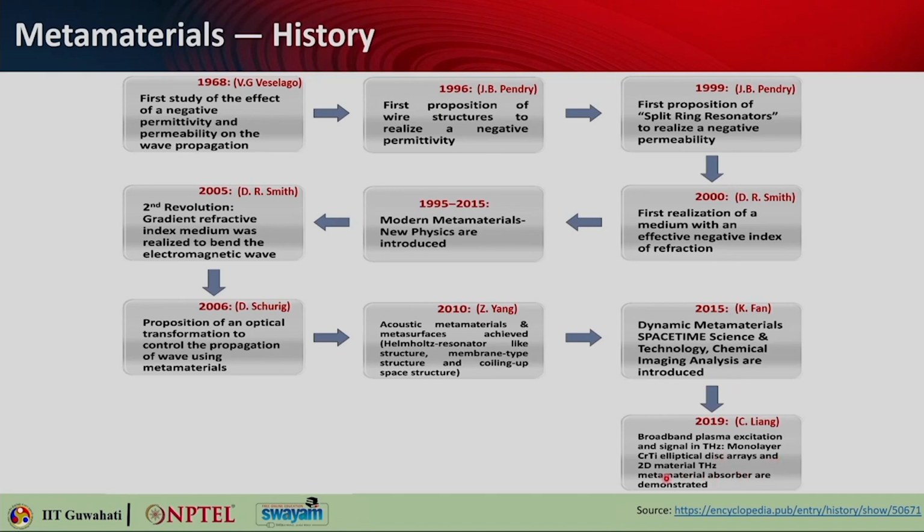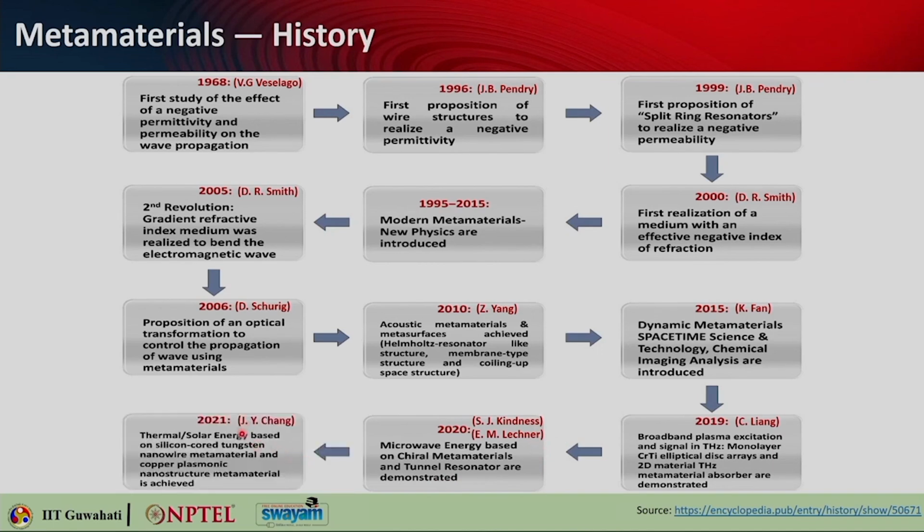In 2019, broadband plasmon excitation and signal in terahertz were introduced. So that actually brought 2D terahertz metamaterial absorbers; these things were demonstrated by Professor Liang. In 2020, microwave energy-based chiral metamaterials and tunnel resonators were demonstrated by Professor Kindernes and Lesher.